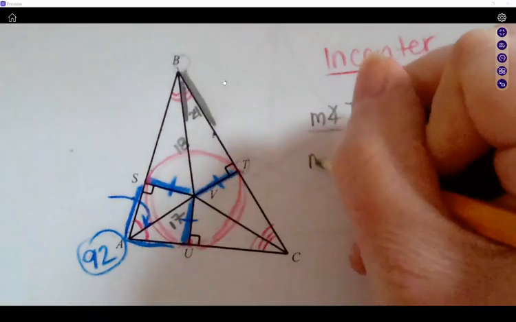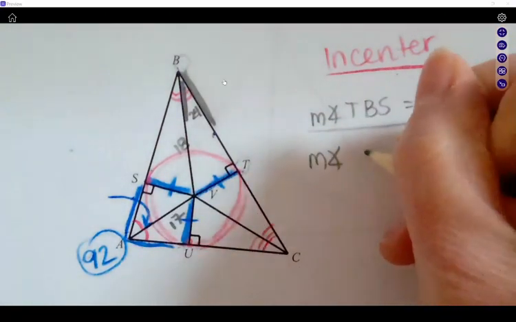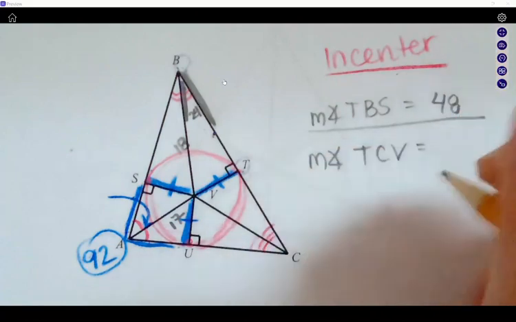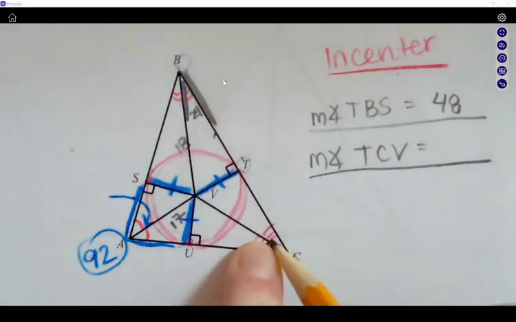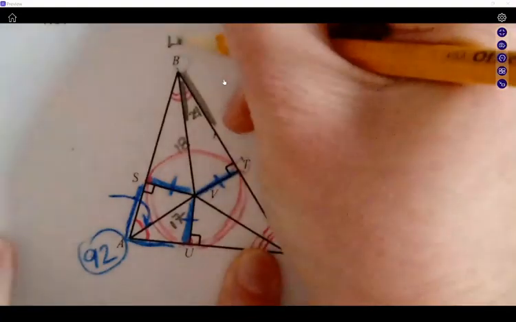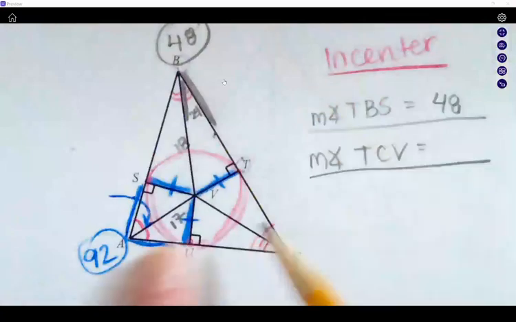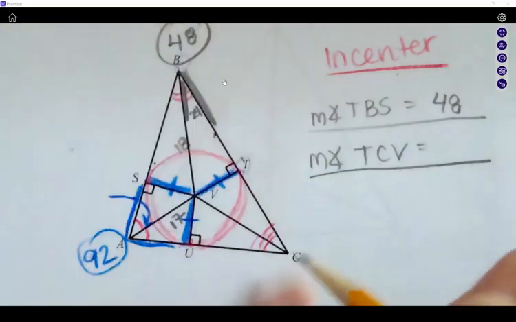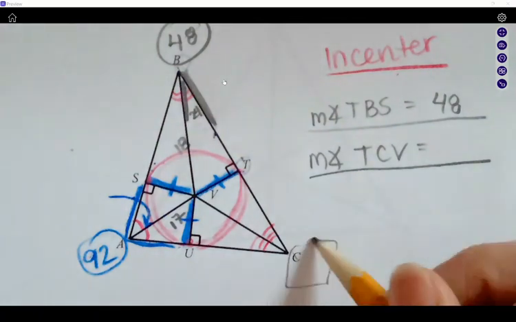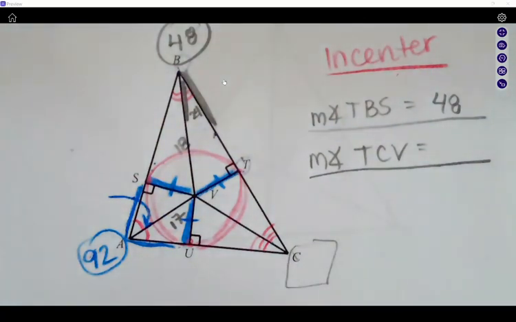We're asked to find the measure of angle TCV. Okay, so TCV, that's this little bitty half down here. Can we find that? Yeah, we know that this angle A is 92 degrees and angle B is 48 degrees. Could you tell me what angle C is? And then once you find what angle C is, could you divide it by 2? 20.